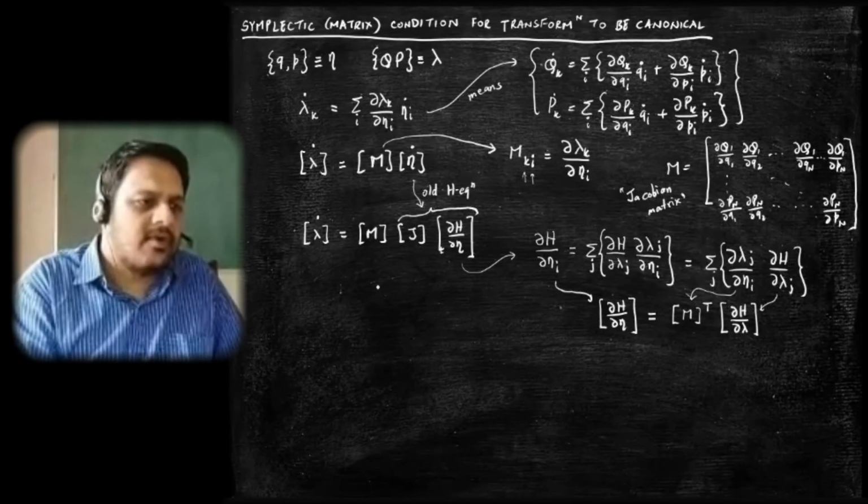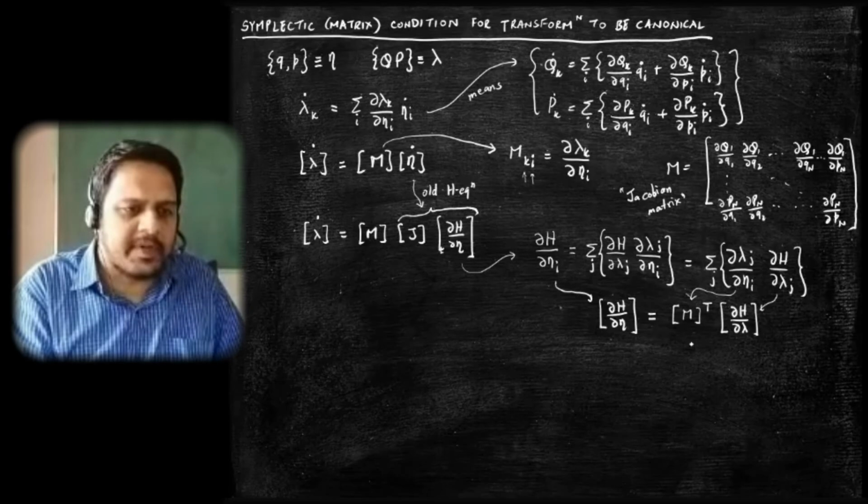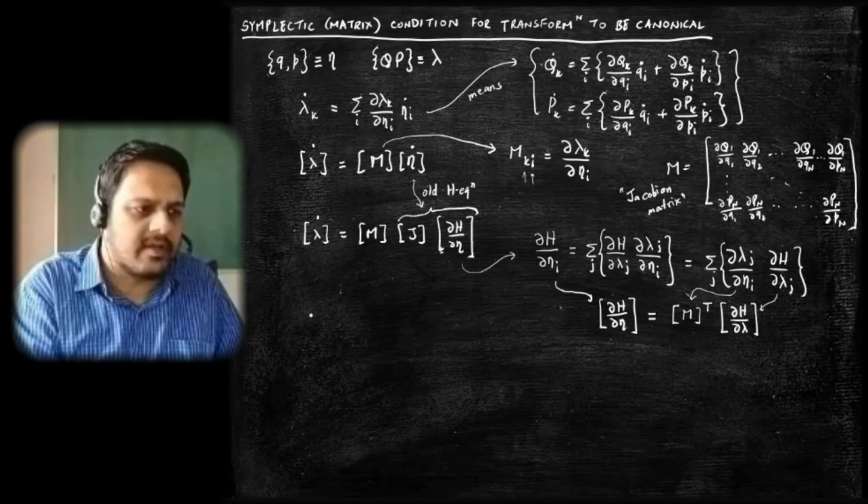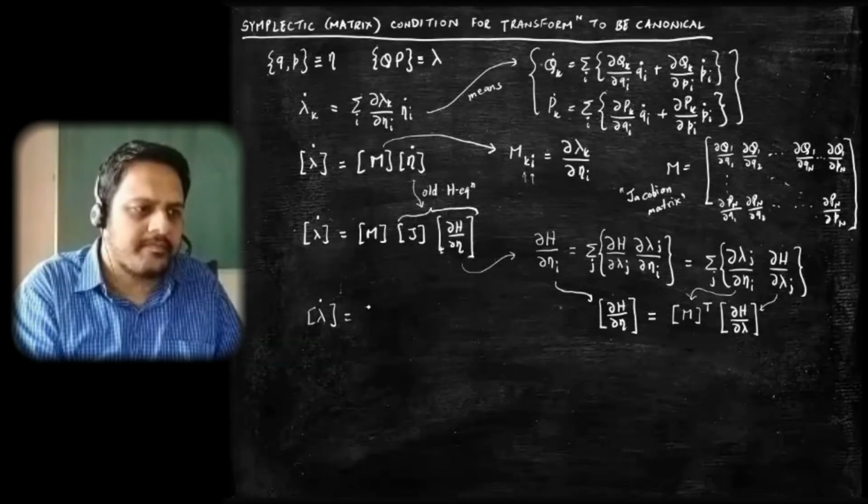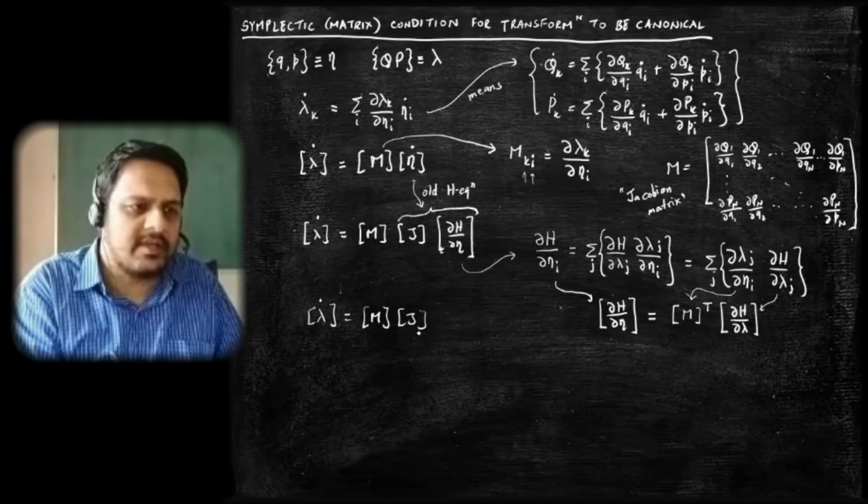Now, let me replace this particular expression back over here. So let me again write down λ dot is M_ij.